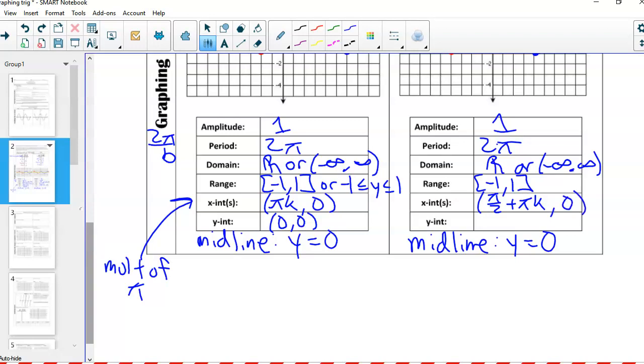Pi over 2 plus pi k, comma 0. What is pi k? Basically, it just means multiples of pi. Are we expected to remember that? No, not for the test. Just know that it's multiples of pi over 2, or pi, or whatever it is, if it changes. What's your y-intercept? 0.